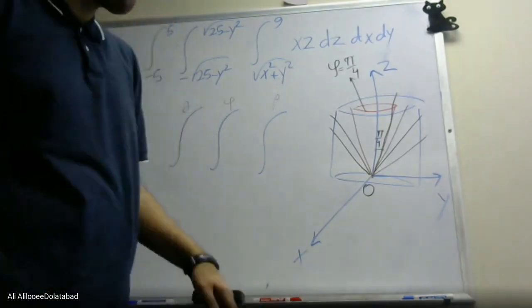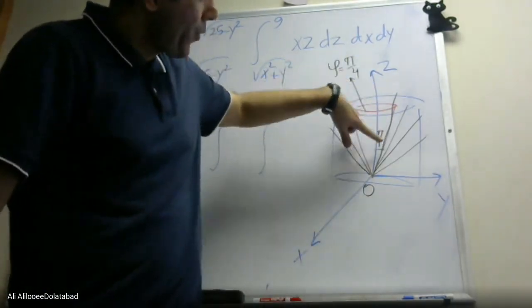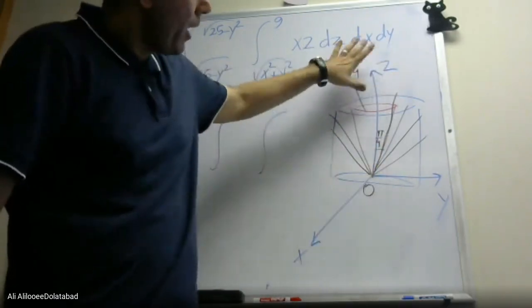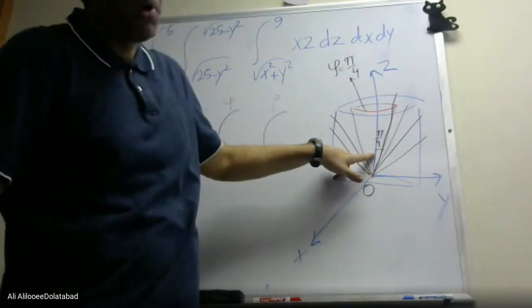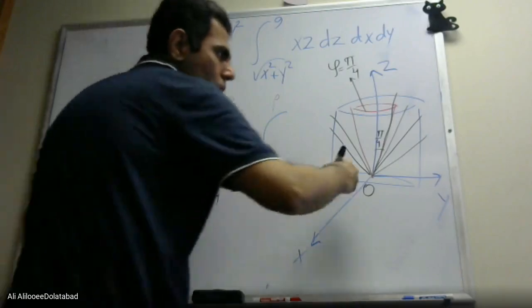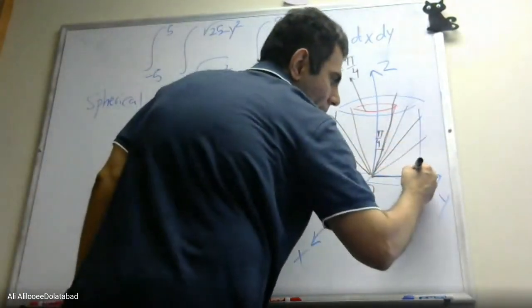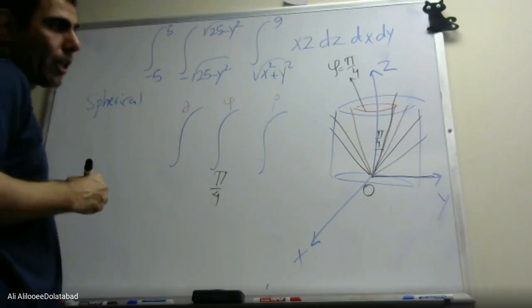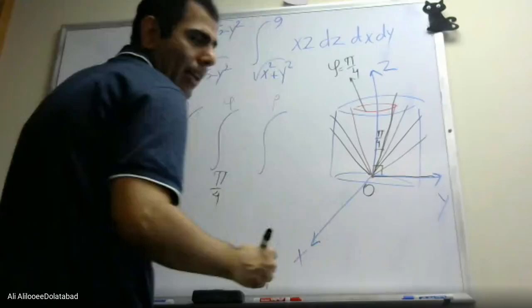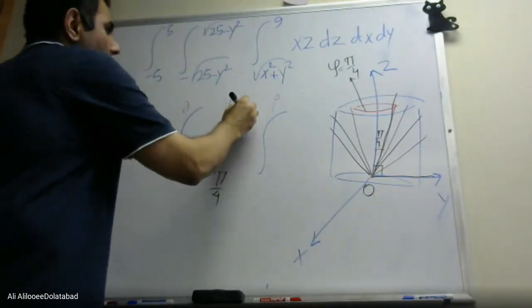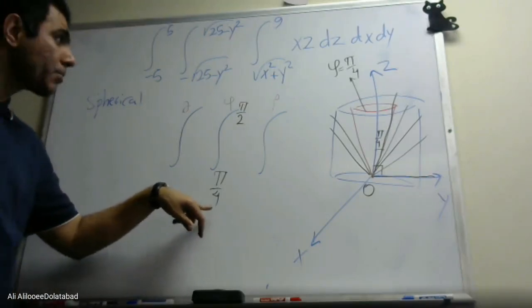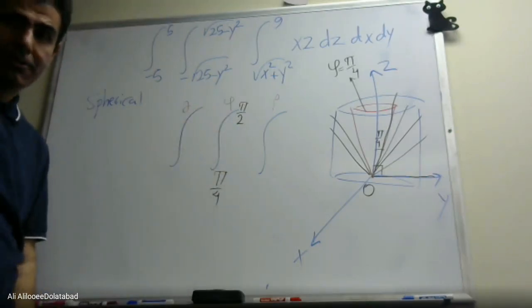Geometrically, the angle between this red line, which is called the generator of the cone, and the z-axis is pi over 4. So the lower bound is pi over 4. If you continue drawing, you can see that the last bound is this one, where the angle between the black line and the z-axis is 90 degrees, which is pi over 2. So the bound for phi is between pi over 4 and pi over 2.